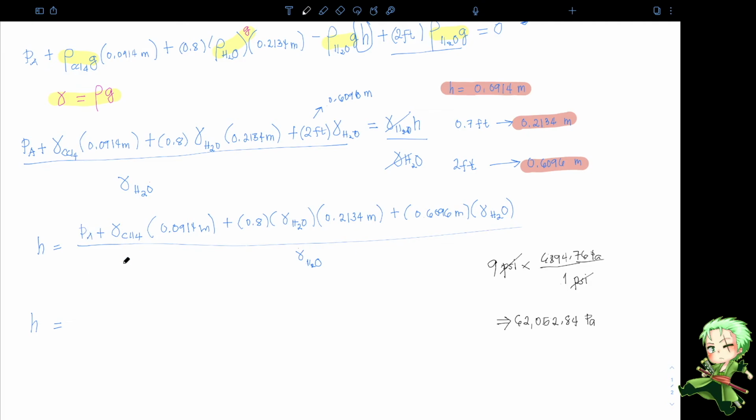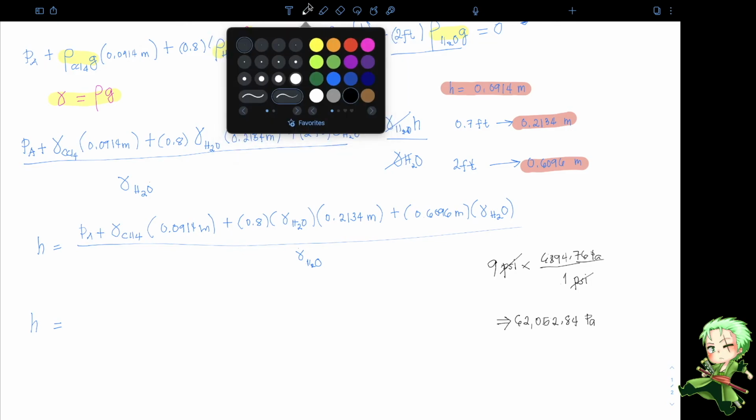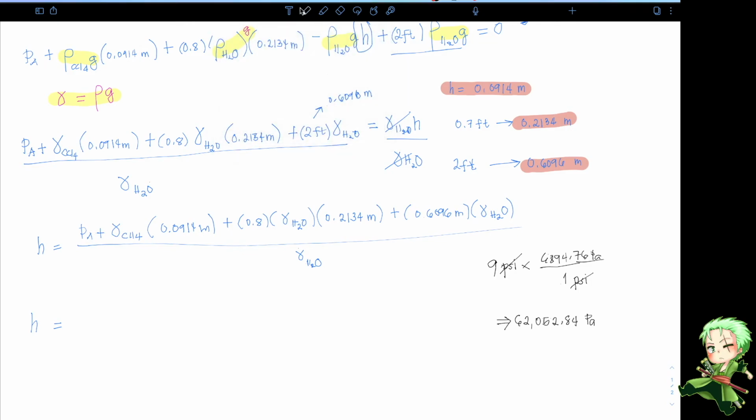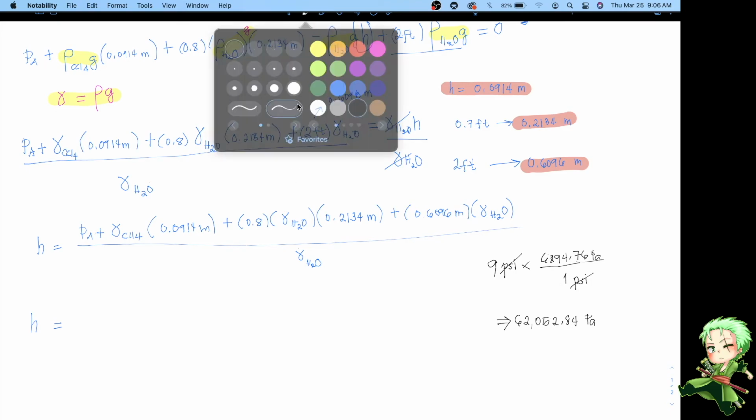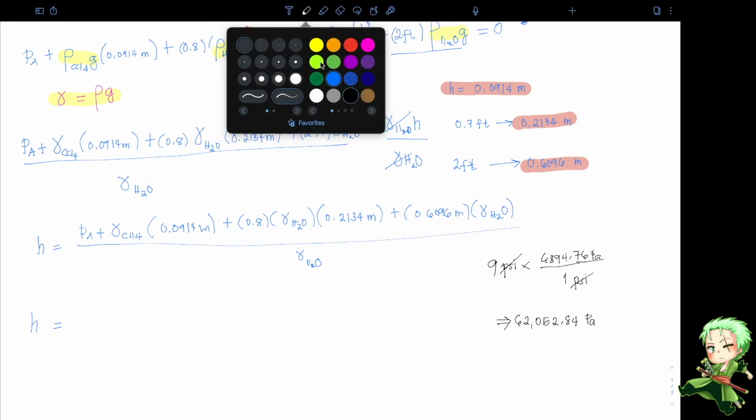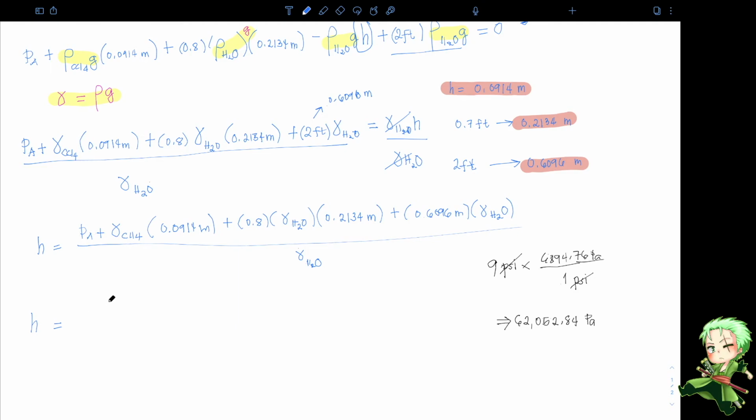So when I plug in these values, I will show them so you can see the cancellation of the units, because working with units is very important. It tells us whether we are working with the correct equations. For example, PA is 62,035 pascals.